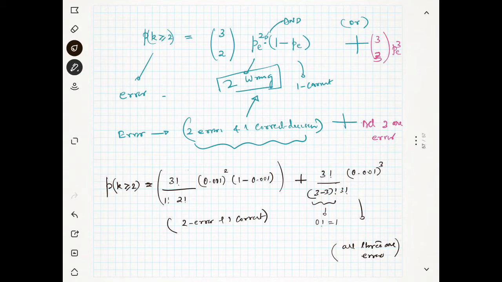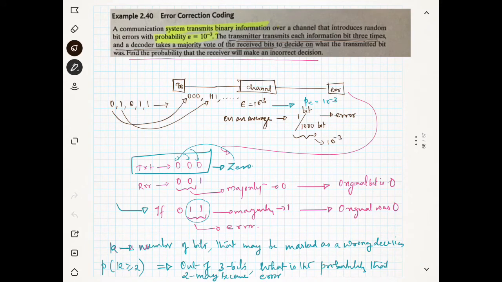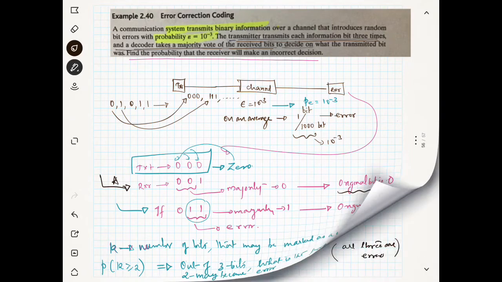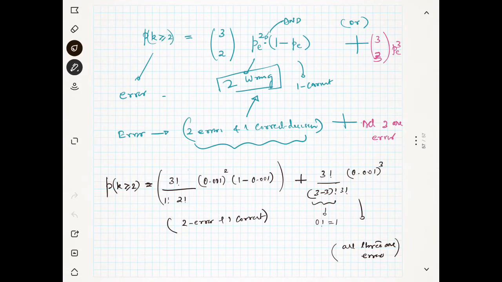If you get only 1 error, there is no issue, because the other two are 0, so you can still get the original bit as 0. The receiver takes the majority, that is how it is designed. So you can see how we can use the idea of probability theory in finding the bit error rate of a communication system.